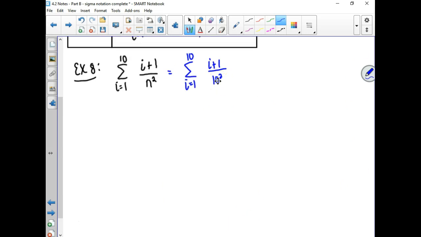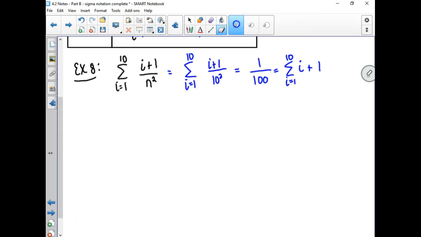Constants, just like with integrals or with derivatives, can be pulled out front so that you don't have to mess with them. So we can do this: 1 over 100 times the sum from i equals 1 to 10 of i plus 1. I'm sorry, that shouldn't have an equal sign, that should be multiplication there.